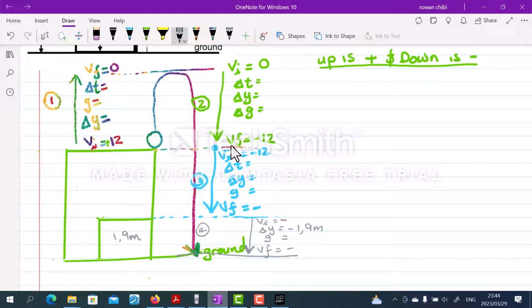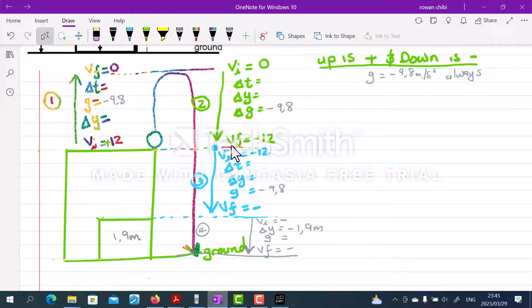So let's talk about g. If you take up as positive, g is always negative 9,8 meters per second squared. So in section 1, when the ball is going up, g is negative 9,8. When the ball is going down, g is negative 9,8 meters per second squared. Even here, and even here, g is negative 9,8.